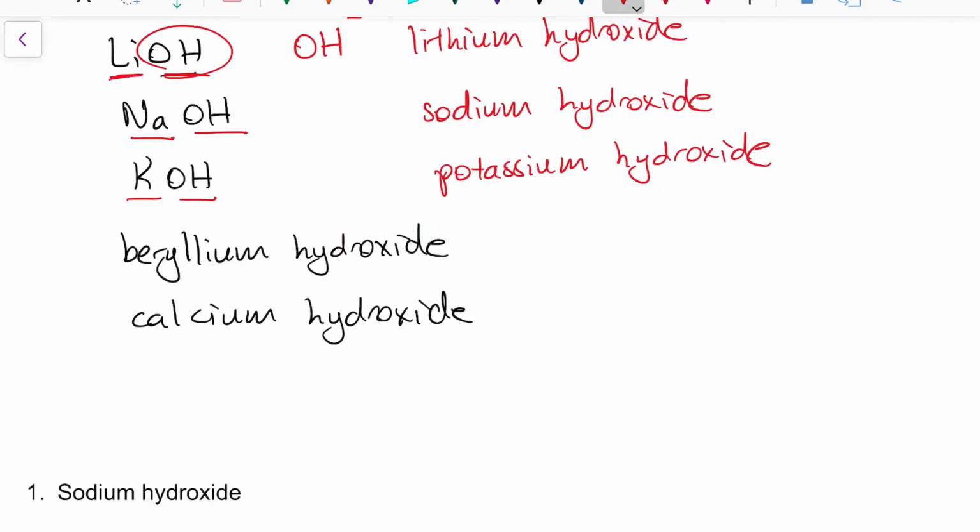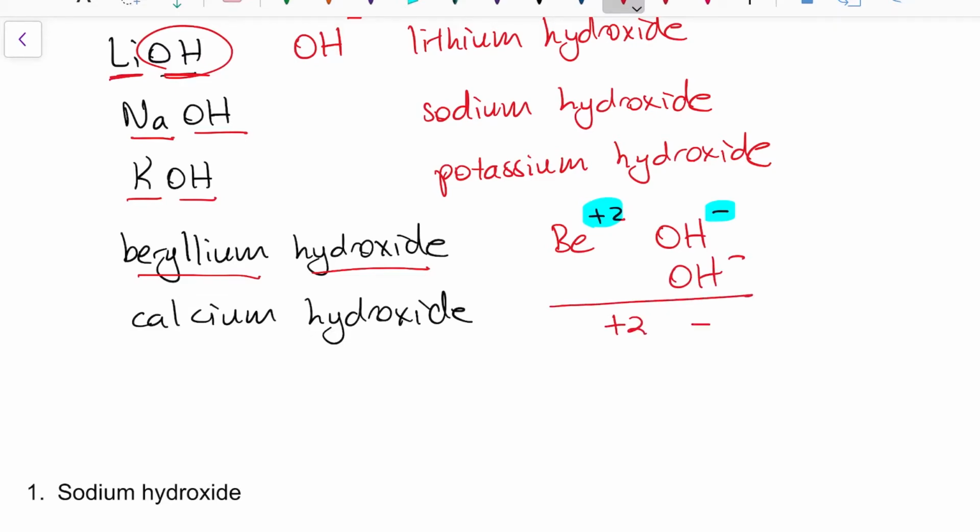All right, now what about if they give you the name of the base and you're told to write the compound? Well, you just follow the same rules that you learned in video 2. Beryllium, look on your periodic table, it's in group 2, so it has a +2 charge. Hydroxide, OH negative. Now I've got to balance my charges like before because this is an ionic compound.